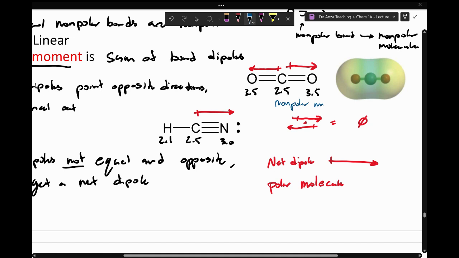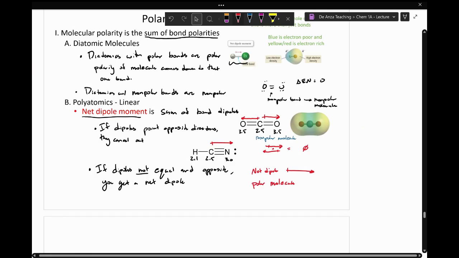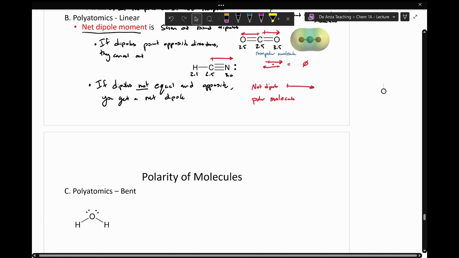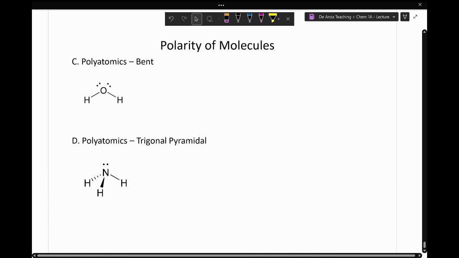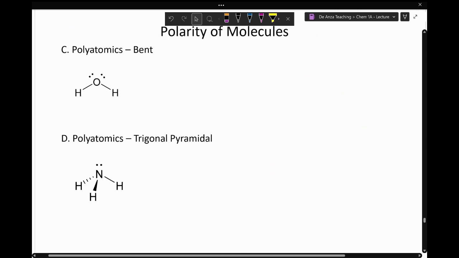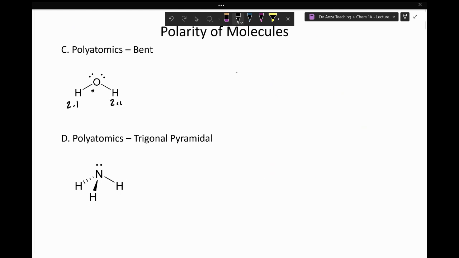And so let's look at things that are a little bit more exciting than simply linear. Let's look at things that have a tetrahedral electron geometry and differing molecular geometries. So if we look at something that is bent, like water, we know that the electronegativity of everything here, 2.1 for each of your hydrogens, 3.5 for the oxygen.